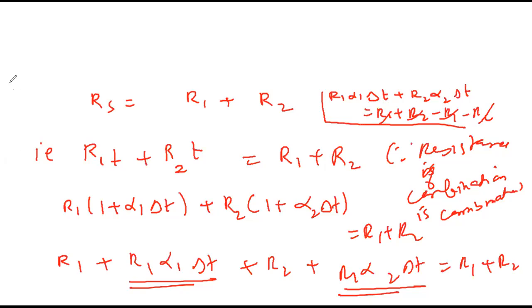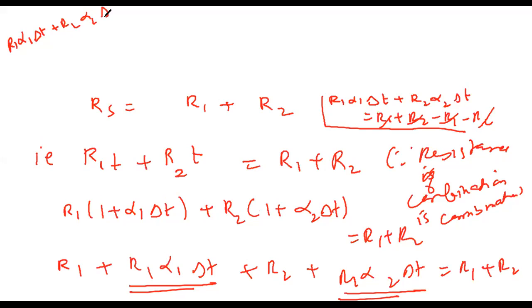So it is like R1 alpha 1 delta T plus R2 alpha 2 delta T equal to 0.